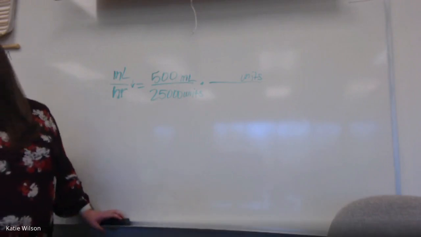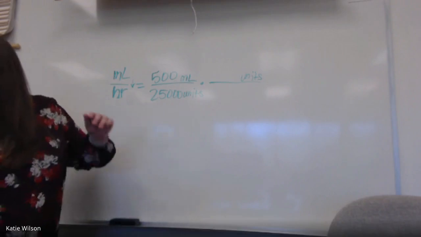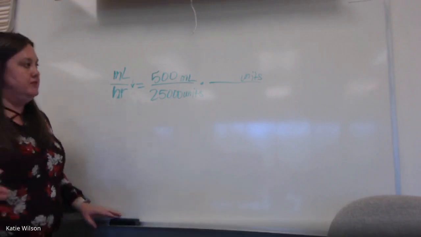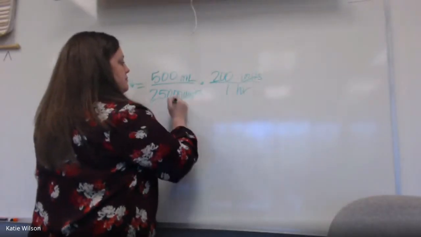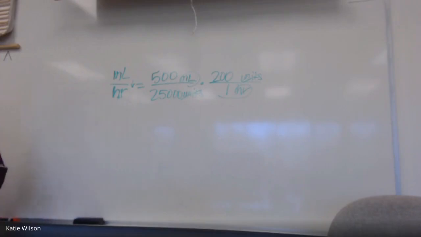I'm looking at the wrong problem. Number 9, we are decreasing it by 200 units an hour, right? So 500 times 200 divided by 25,000.